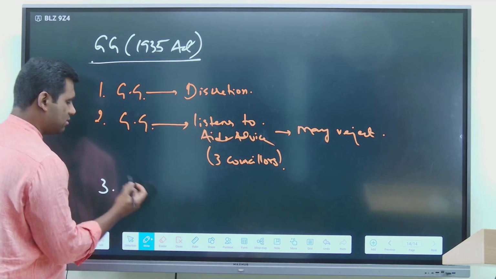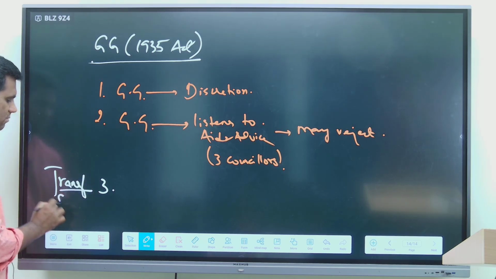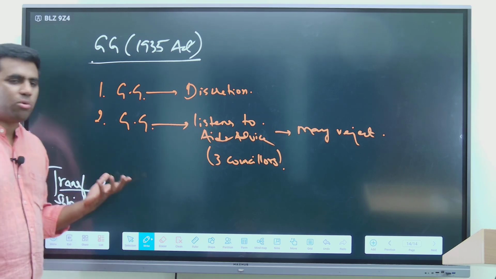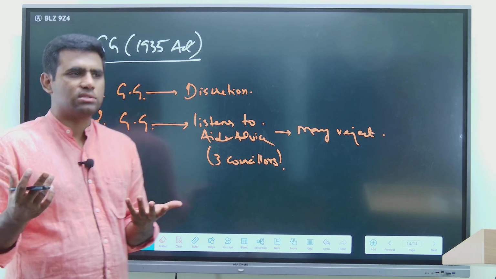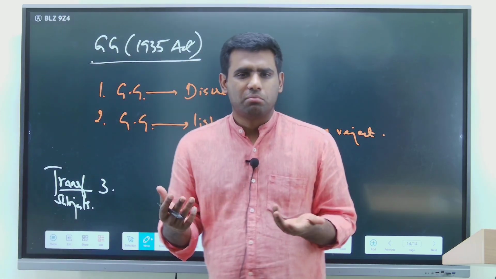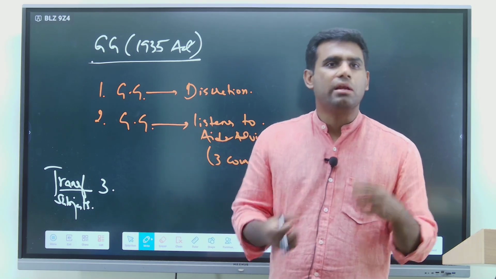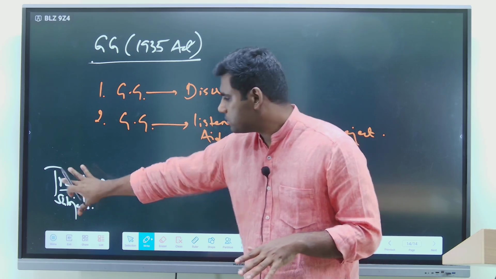And then there are subjects, these are actually transferred subjects, which are lesser important compared to the other 2 categories. These could be subjects like possibly income tax, maybe education, maybe labor issues. Such subjects would be under this category of transfer.